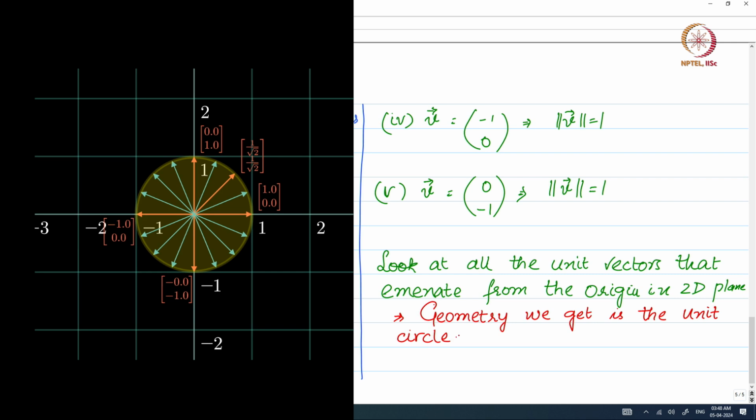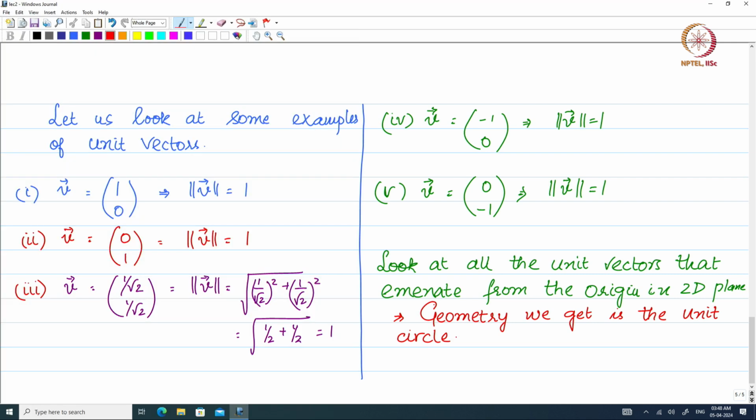And the unit circle is one of the most important ideas that you would come across if you are going to do the Z transform or something in domains like signal processing. So, this corresponds to the unit circle.